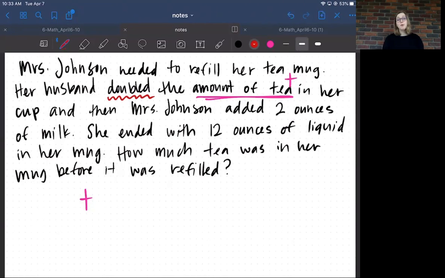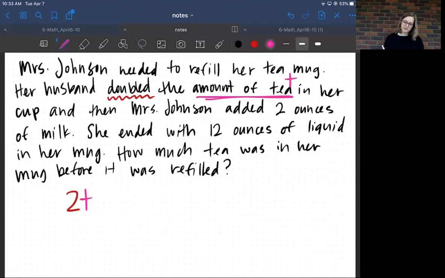We know that doubled means that I am multiplying by 2. So as I'm breaking this down mathematically, I know that I multiply the amount of tea times 2, okay? But that's not it. This is where it gets a little bit trickier, because now there's actually 2 things that are happening. I doubled the amount of tea in my mug, and if we keep reading, it says, then Miss Johnson added 2 ounces of milk, okay?